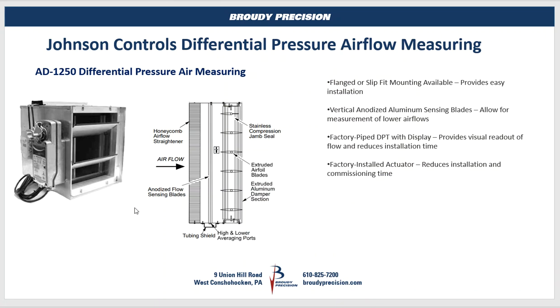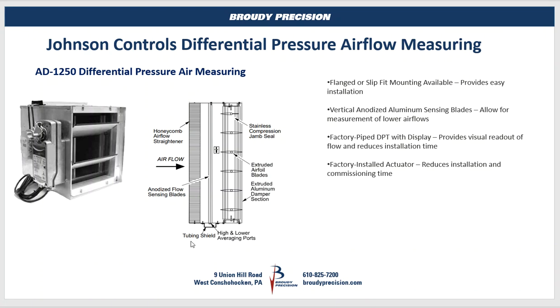In this slide, we see the Johnson Controls differential pressure airflow measuring system. This includes a damper motor as well as a differential pressure transmitter. It's shown right behind the actuator over here. In the picture you'll see the honeycombed arrangement for straightening the airflow.